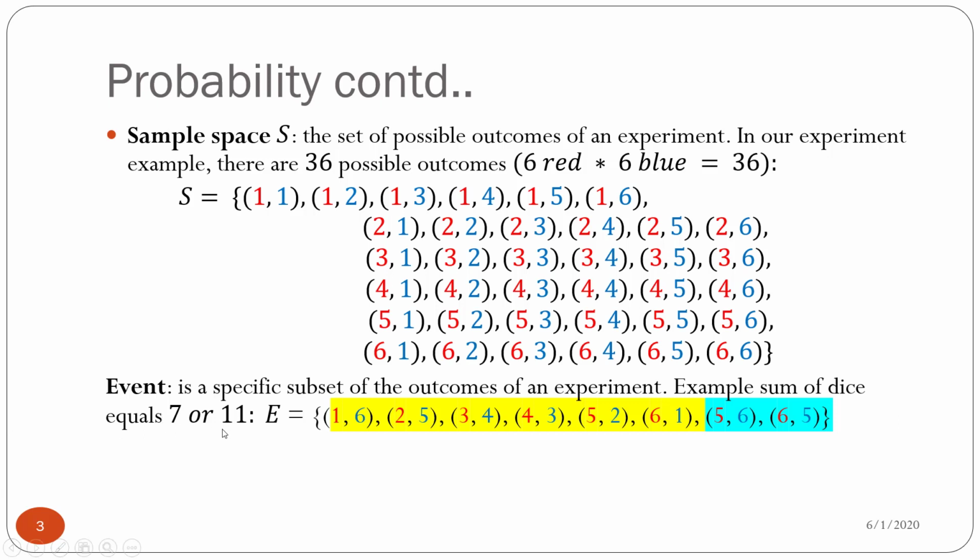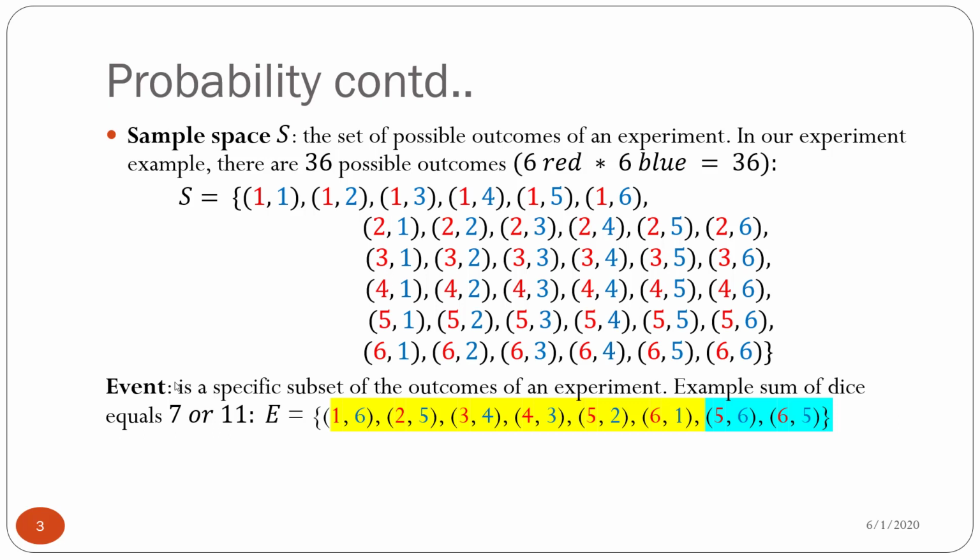So there are 2 conditions. So we are considering 2 outcomes in our event. So what are these 2 outcomes? Outcome number 1 is that the sum of the numbers that show up on the top of each dice adds up to 7. And the other, outcome 2, is that the sum of these 2 numbers that show up is 11.